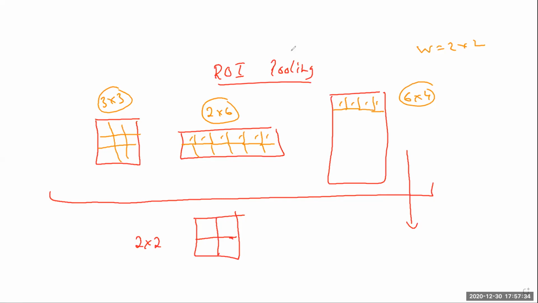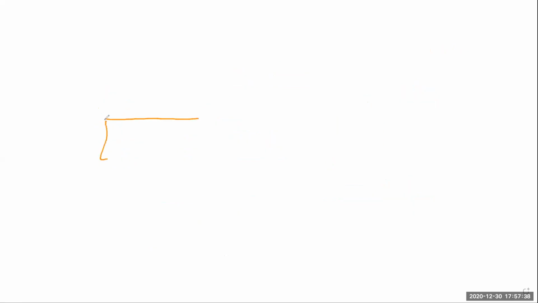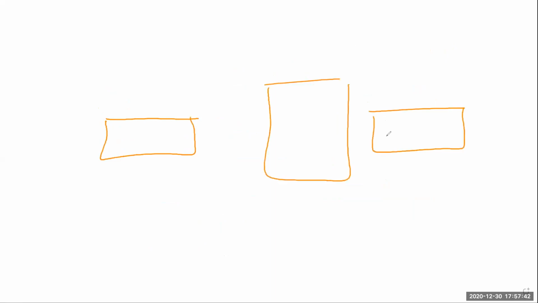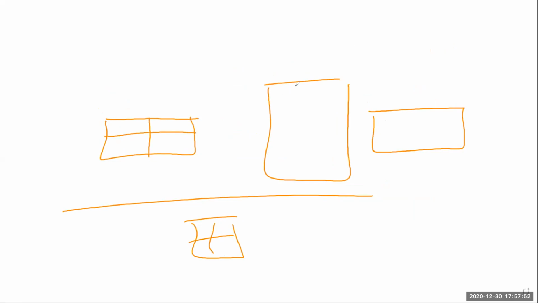So instead of doing that, what we'll do, as I'll explain to you, is that if I have boxes of different sizes, okay, and I want 2 by 2 output, then instead of making a window, I will divide my box into a grid of 2 by 2. Okay, whatever is the size of the box, I divide it into 4 cells.